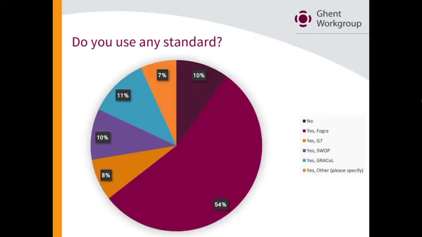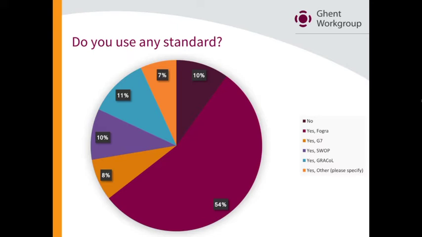And then when we ask about standards, people who use color management workflows should normally use some kind of standard, at least that's what you would expect. About 10% says no, but then people also, of course, use the other things that you would expect, ranging from FOGRA, G7, SWOP, Crackle.